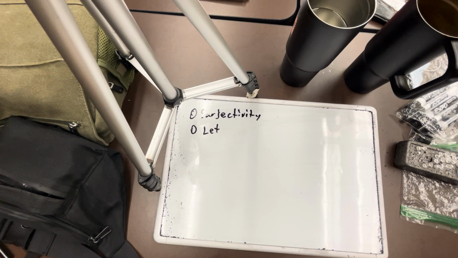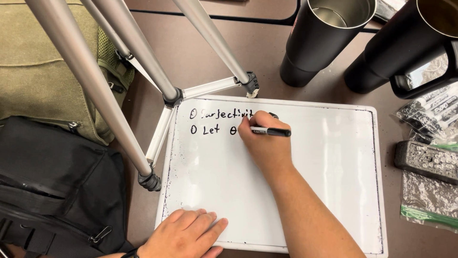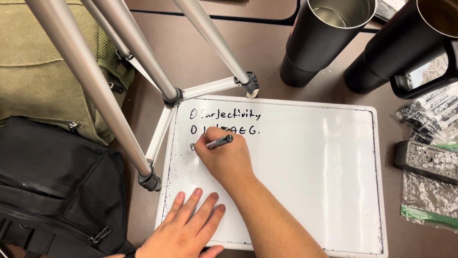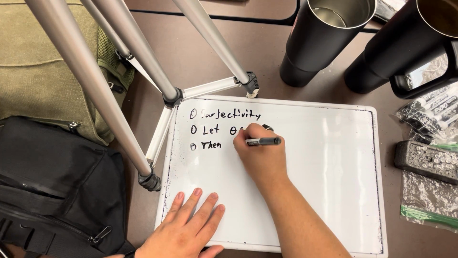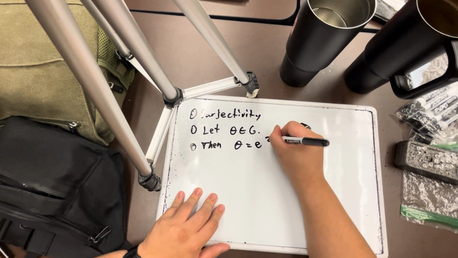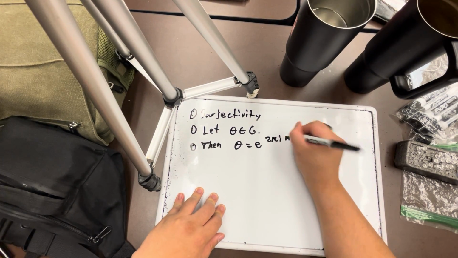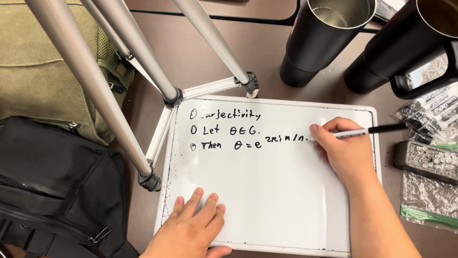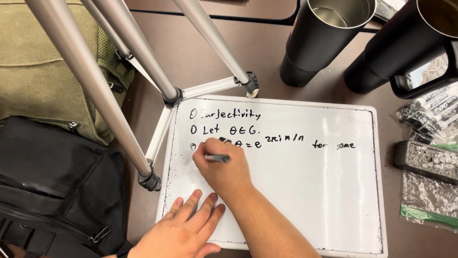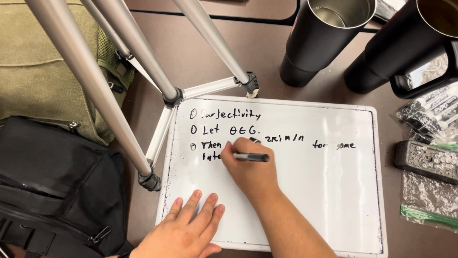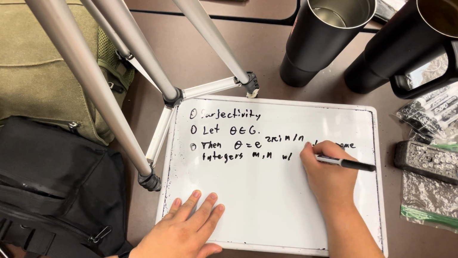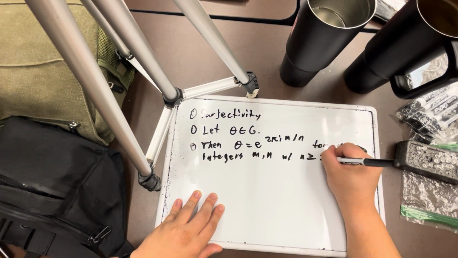I'm going to define something different here from my notes. Let theta be an element of G, then theta is equal to e to the 2 pi I m divided by n for some integers m, n, with n being greater than or equal to 1.